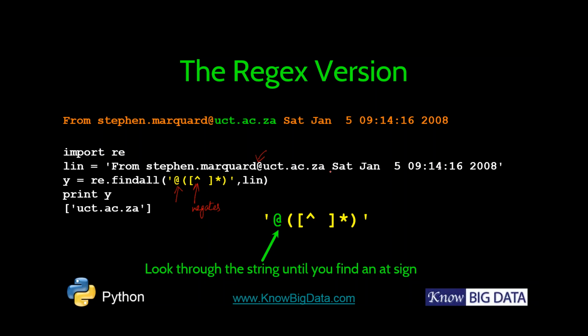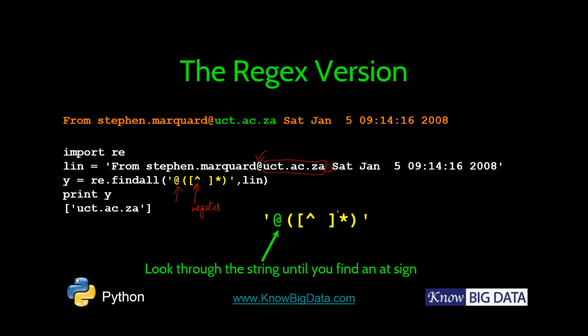And then whenever we figure out a space, we're going to stop. So we figure out the domain name directly in this case, right? So simple, isn't it?